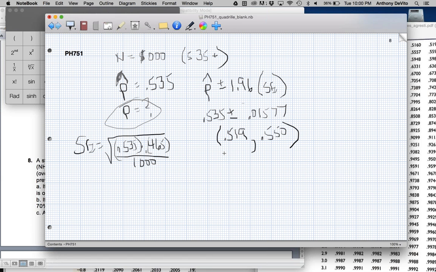Okay, you guys checking my math? Does my math look right at this point? Okay, so we're 95% sure that P, not P cap, but P, is between 51.9 and 55.0. In other words, 51.9, 55.0.